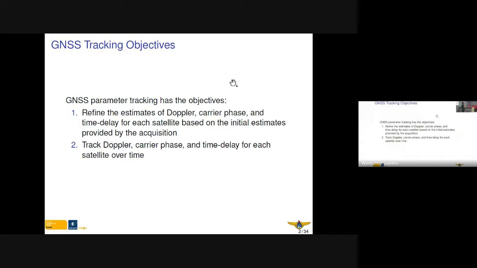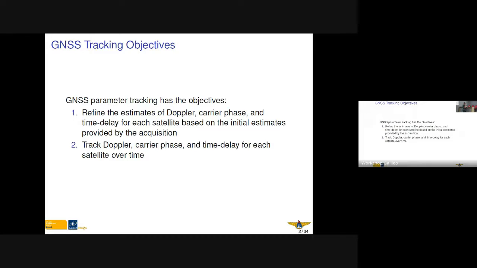So GNSS parameter tracking has the objectives first to refine the estimates of Doppler, carrier phase and time delay for each satellite based on the initial estimates provided by acquisition. So we further refine now the estimates because acquisition was very coarse, right?